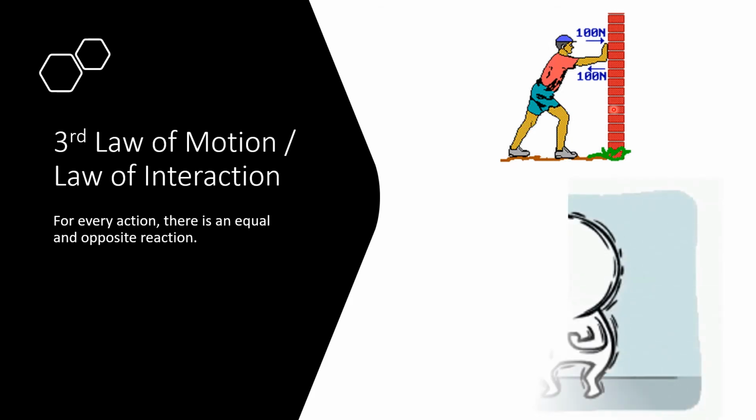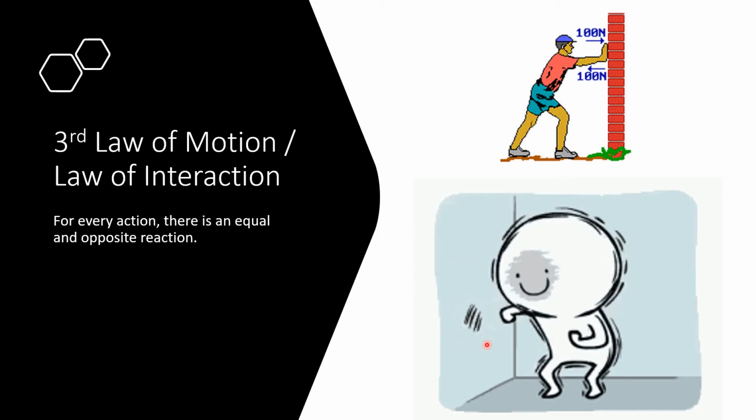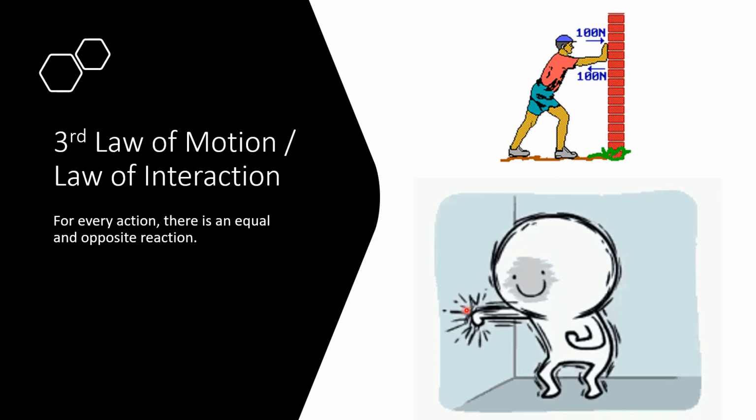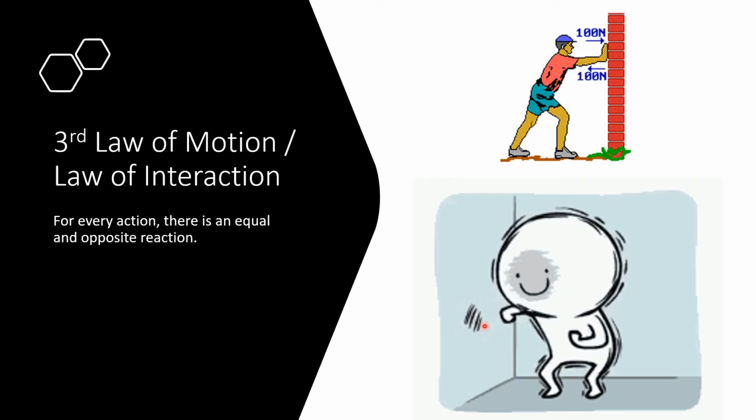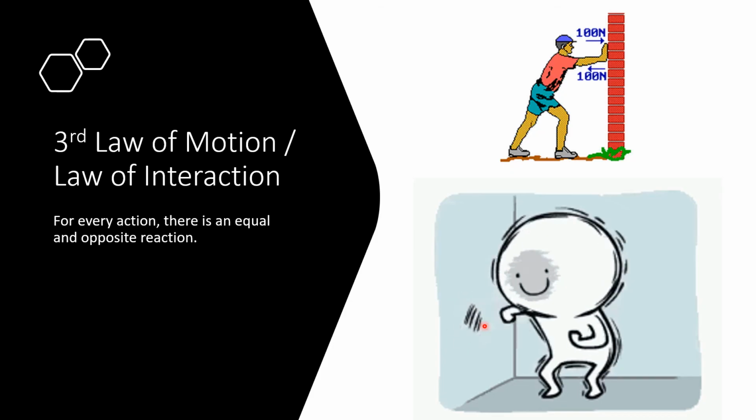Another example. Okay, if you are pushing the wall, let's say 500 Newton, your hand will experience also 500 Newton. Kaya kapag mas malakas ang suntok mo sa pader, to the point nun, may tendency pa na ma-break yung bone mo. No? Kung talagang mas malakas yung suntok. Kaya minsan nasusugat yung taong sumusuntok sa wall.